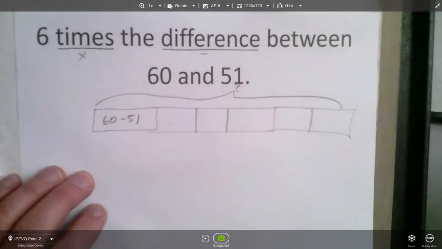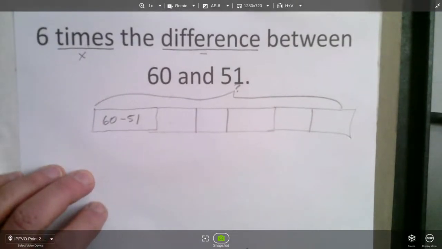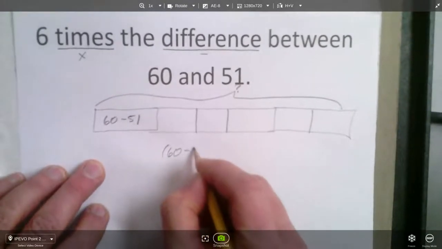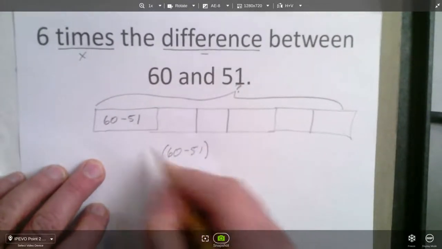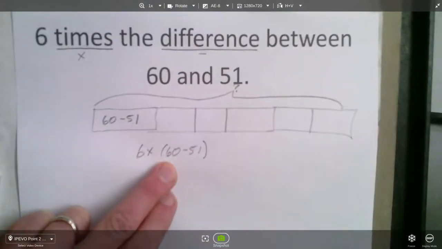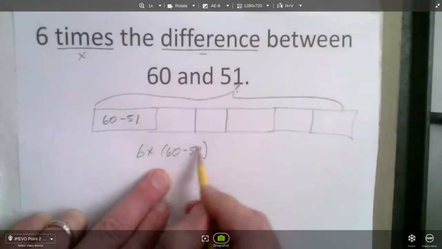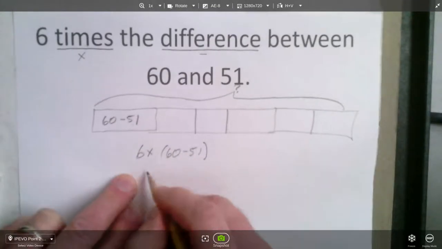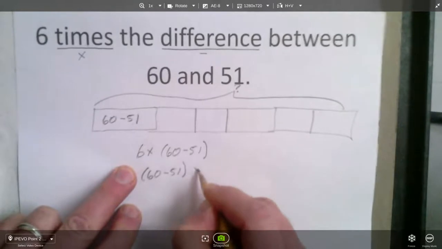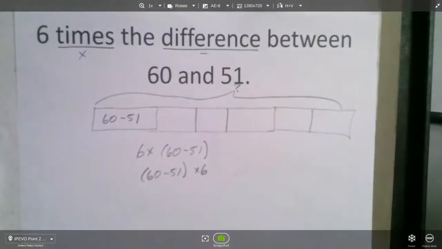So how do you think I would show 6 times the difference between 60 and 51? Well, I would have 60 minus 51 in my parentheses, and I can write 6 times the difference between 60 and 51. Or I could do 60 minus 51 times 6.